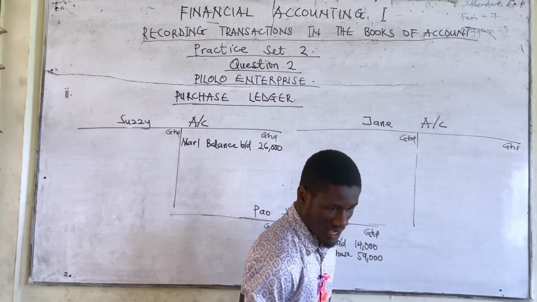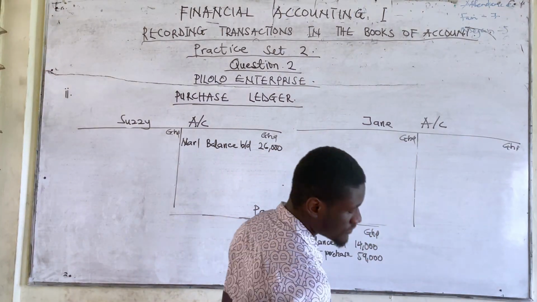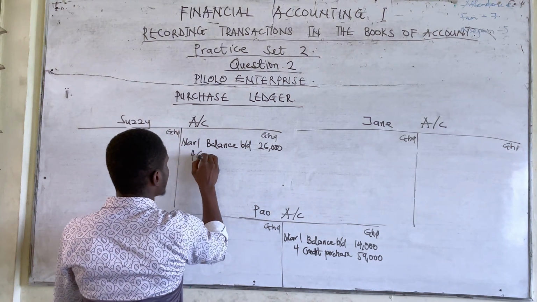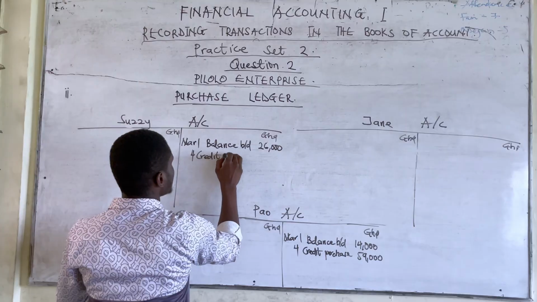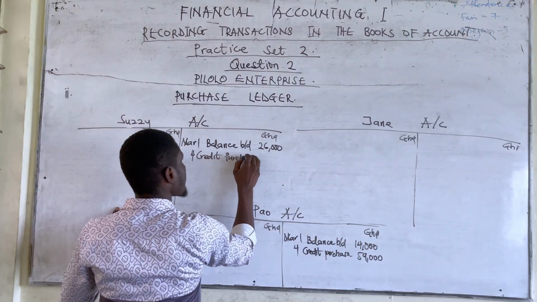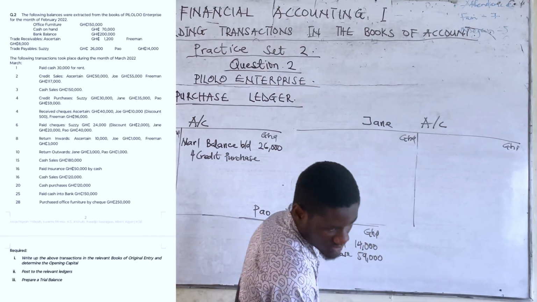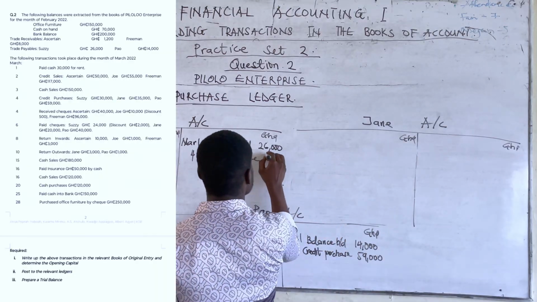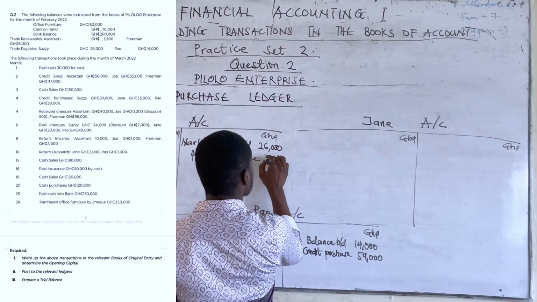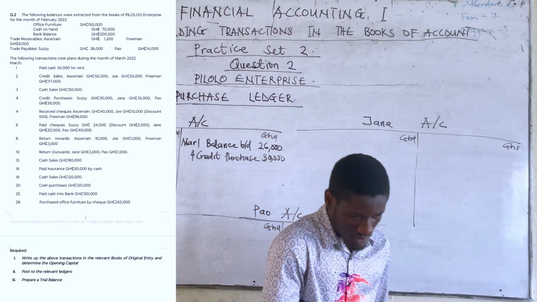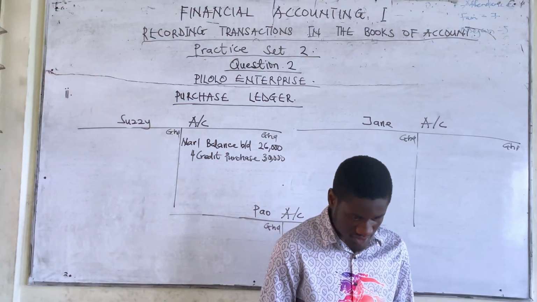Good. And credit purchase for Susie. Credit purchase for Susie was 30,000. Good. Then we move on to Jane.